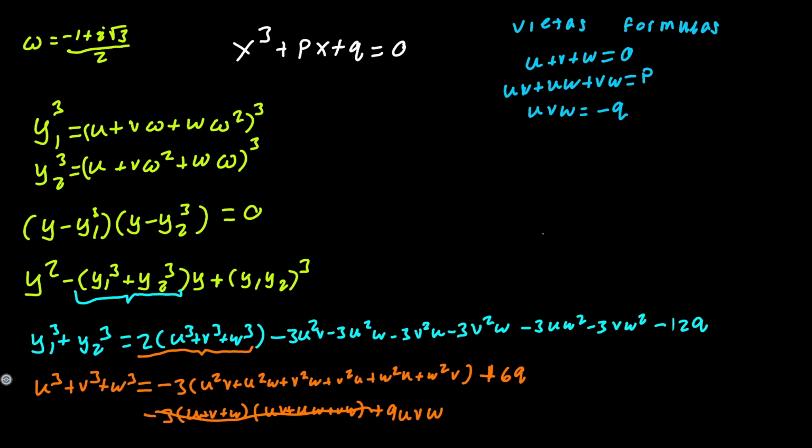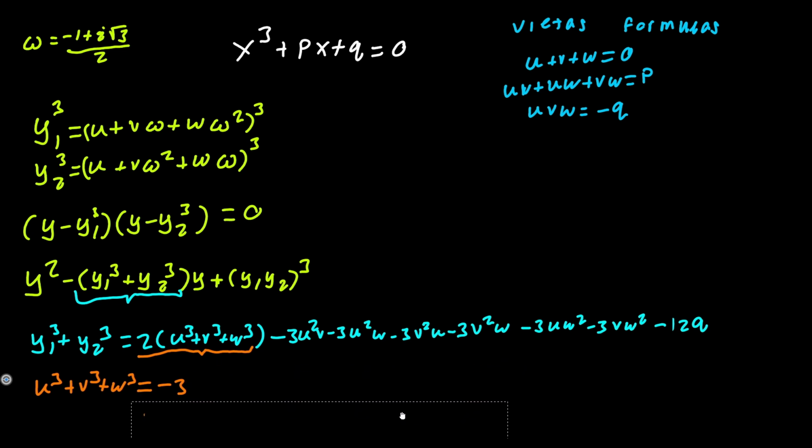And we have plus 9uvw, and we can swap that with negative q, so we will get minus 9q. And negative 9q plus 6q would give us negative 3q. And since it's multiplied by 2, it will simply be negative 6q.